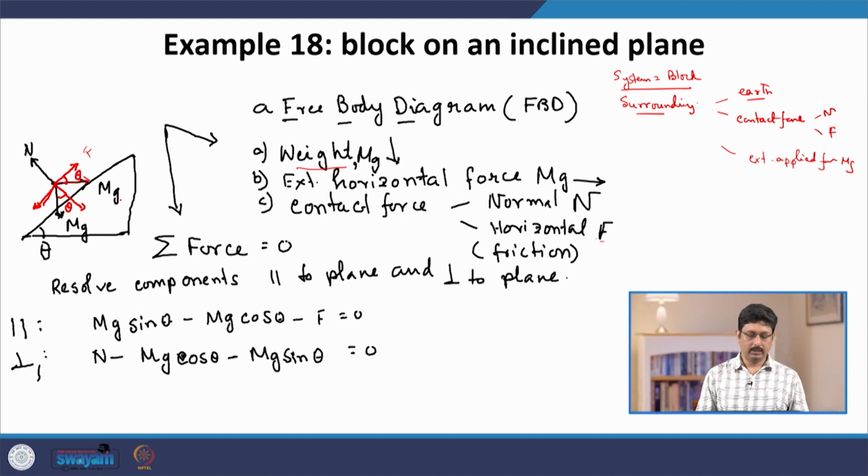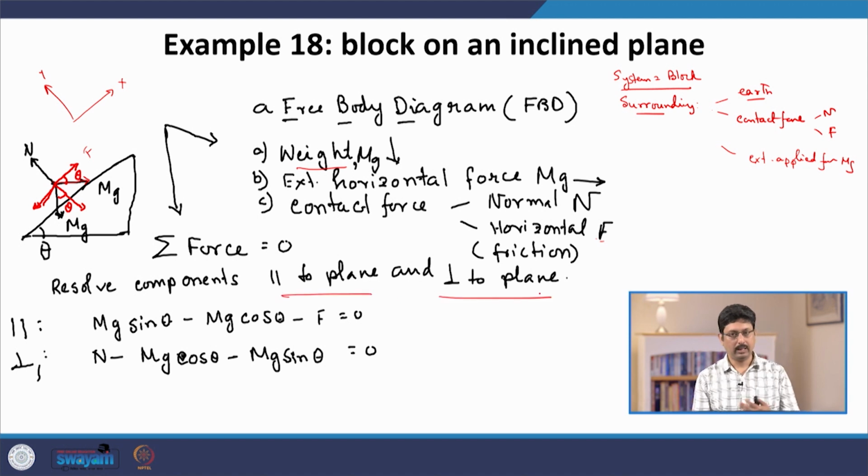Our coordinate system is such that we represent the direction parallel to the surface as the x axis and perpendicular to the inclined plane as the y axis, and we resolve the components of forces parallel and perpendicular to the plane, as is easiest and natural, as you already know.